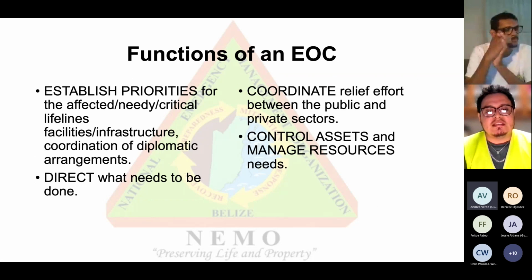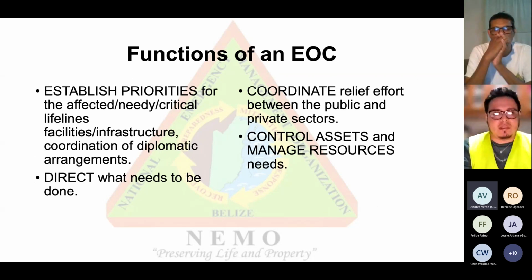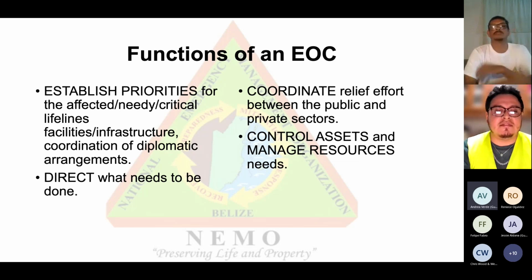Now, the functions of an EOC are to establish priorities for the affected, needy, critical lifelines, facilities, infrastructure, and coordination of diplomatic arrangements.